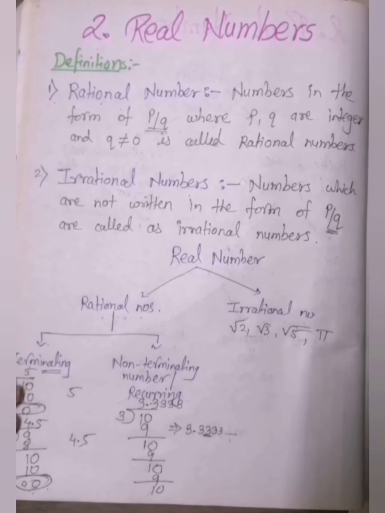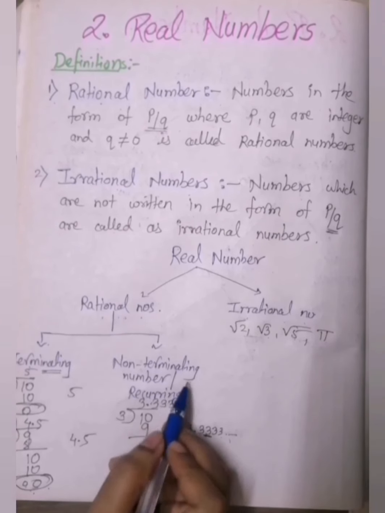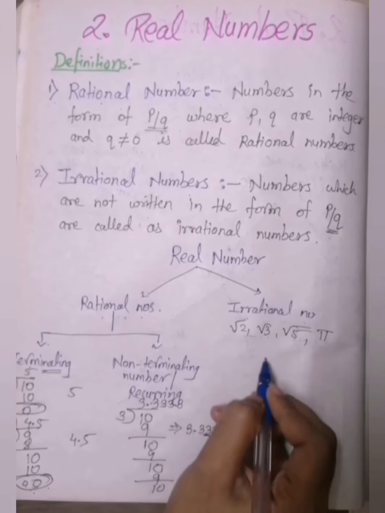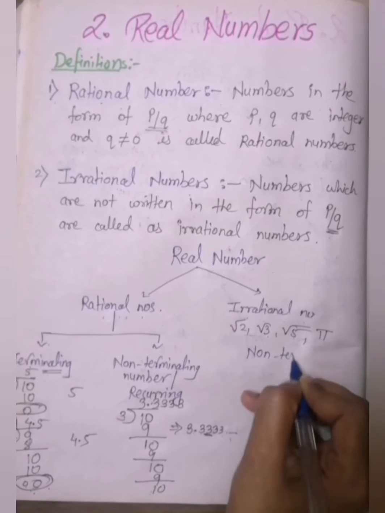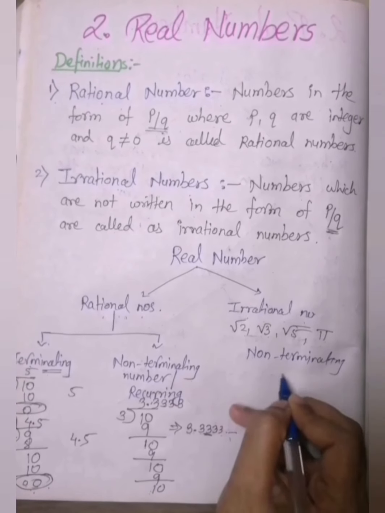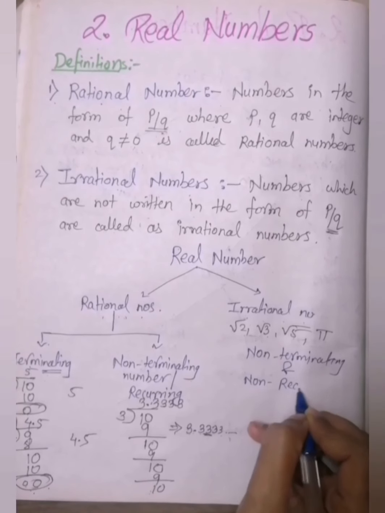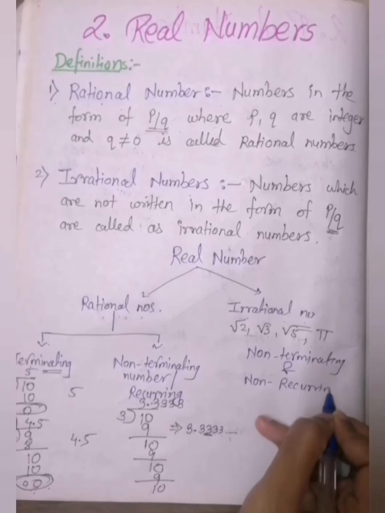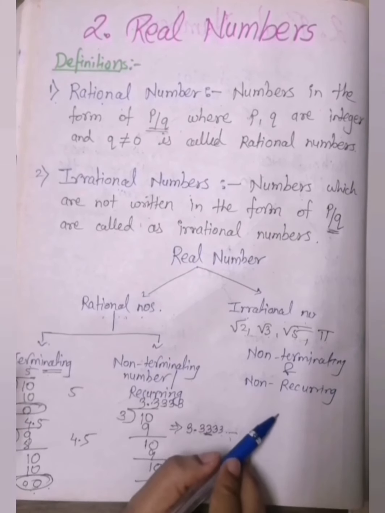Now in irrational numbers we don't have terminating and recurring like these two. In irrational numbers we have non-terminating and non-recurring. Now what exactly is non-terminating and non-recurring?